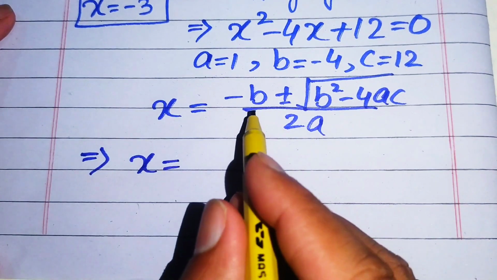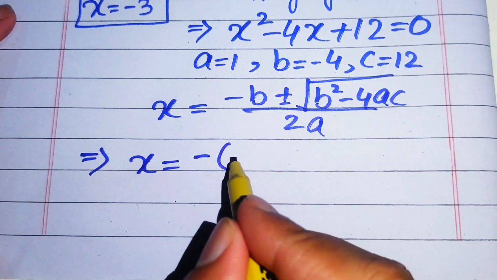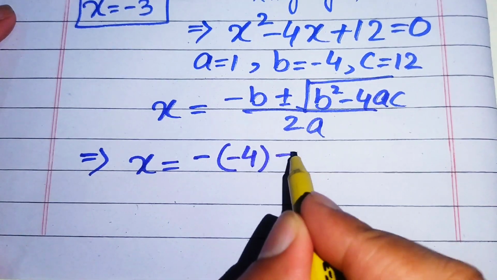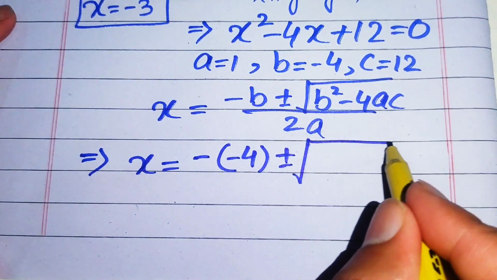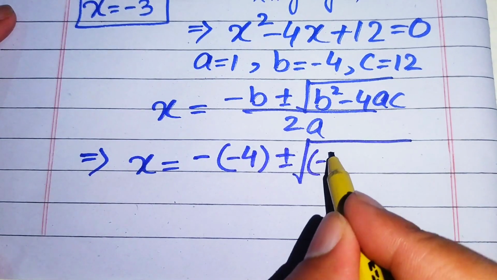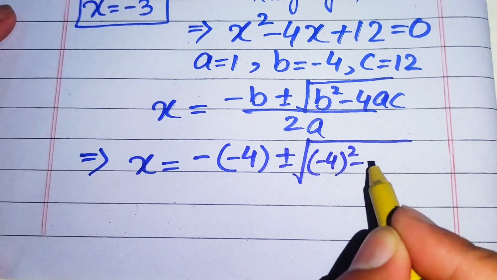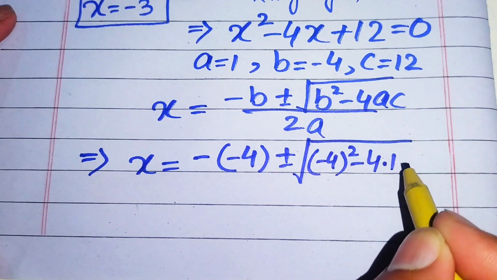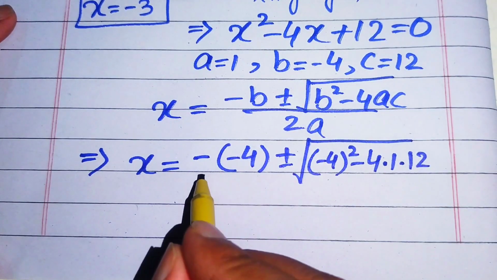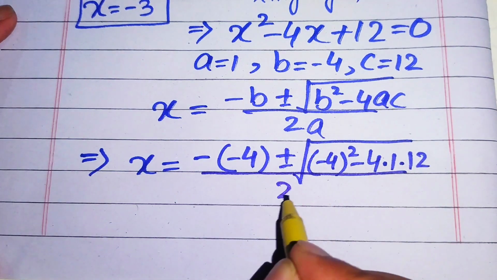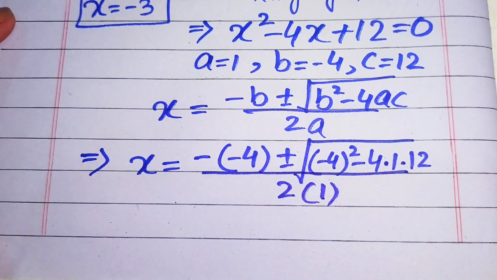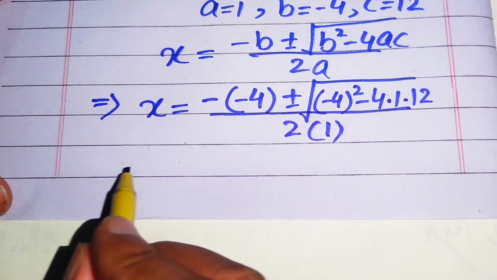Now we substitute the above values of a, b, c in this formula, and it is written as minus times b, and the value of b is -4, plus minus square root of b square. So b is -4 square, minus 4 times a is 1, and c is 12, and this is divided by 2 times a, and our a is equal to 1.